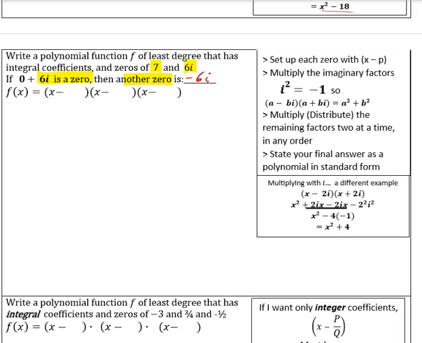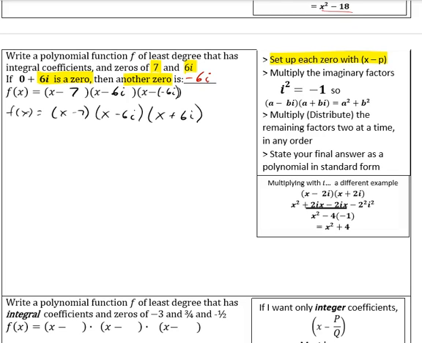So I want to, once again, first step, set it up with the zeros. That is x minus 7, x minus 6i, and x minus a negative 6i. That reduces to x minus 6i and x plus 6i.